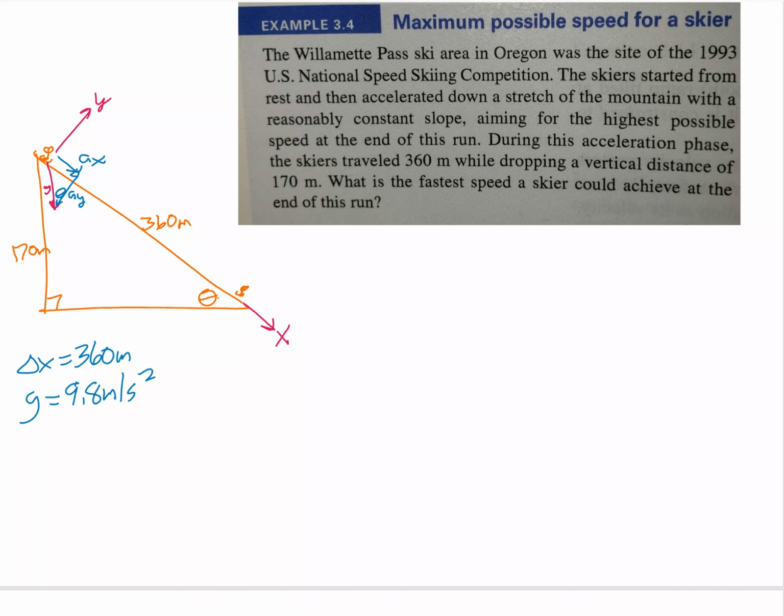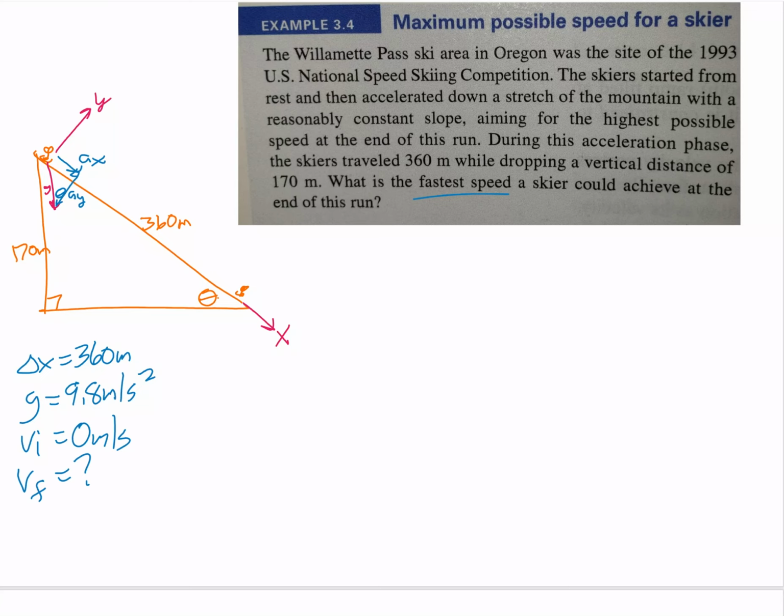What are we looking for? The fastest speed, velocity. Which velocity? Final. What's velocity initial? 0 meters per second. And velocity final, we don't know. That's what we're looking for. Okay, and what else don't we know?